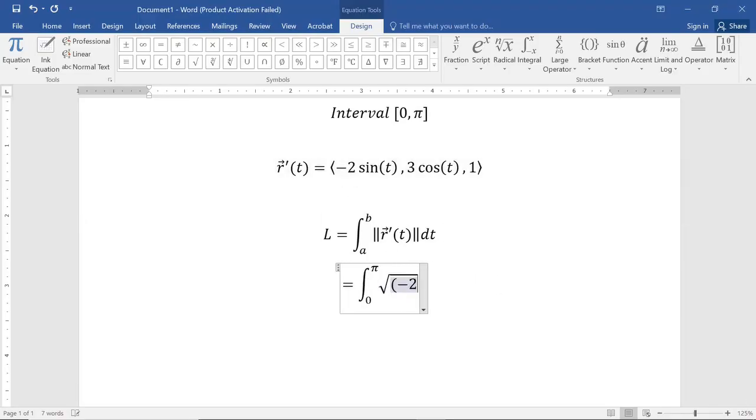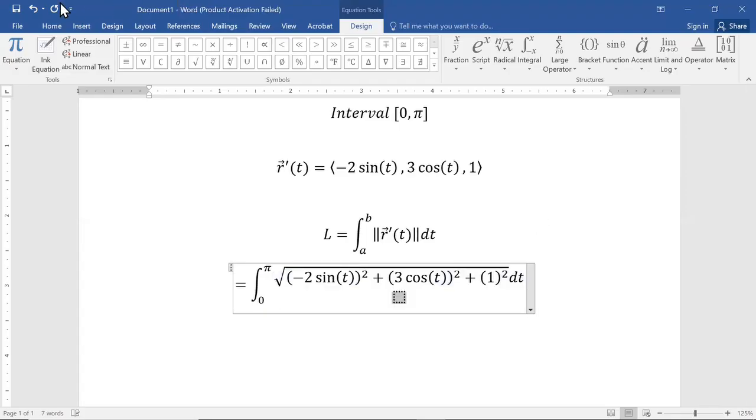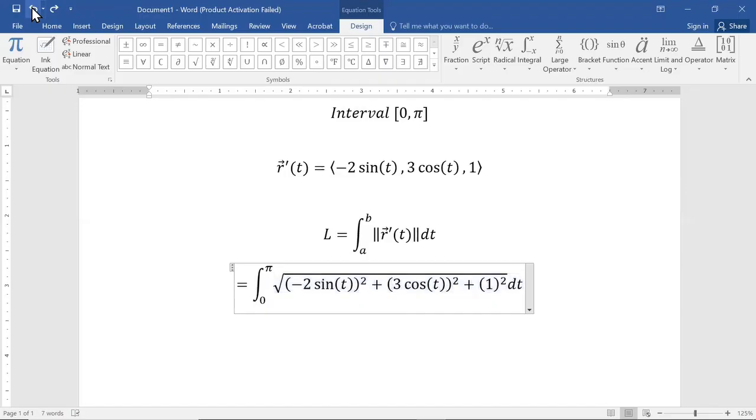So that's going to be -2 sine of t all squared, plus the y component squared. That's going to be 3 cosine of t all squared, plus 1 squared. And we're going to do that with respect to t.